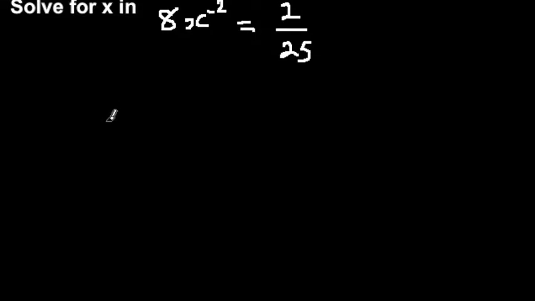The first thing that I like to do is to try to get the expression which has the x in it by itself on one side of the equation. So to do this, I'm going to divide both sides by 8.